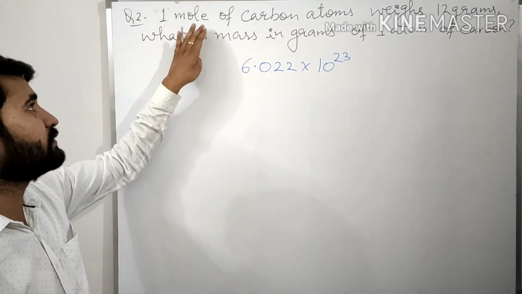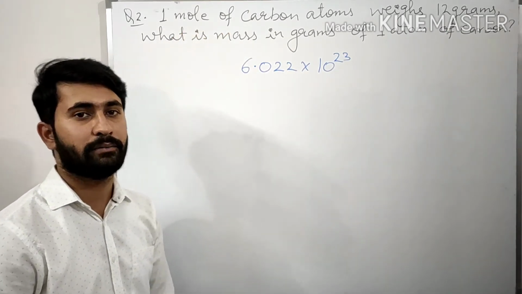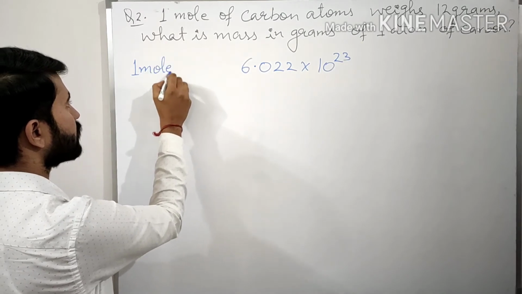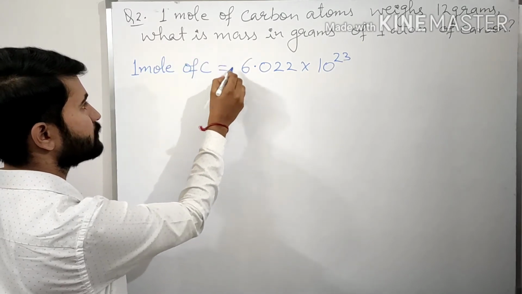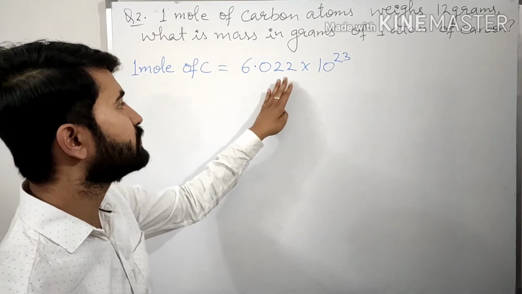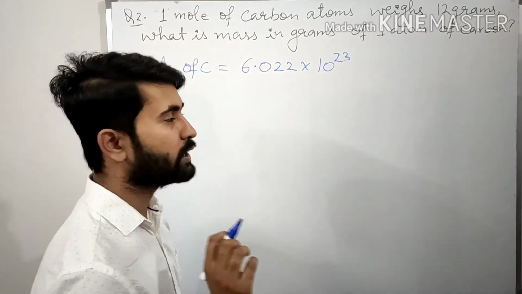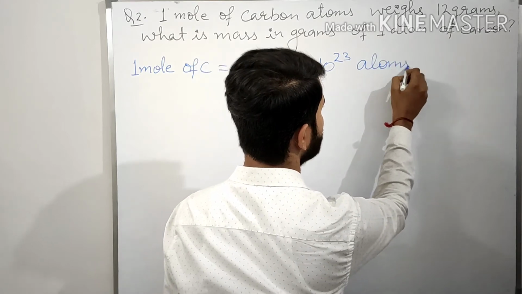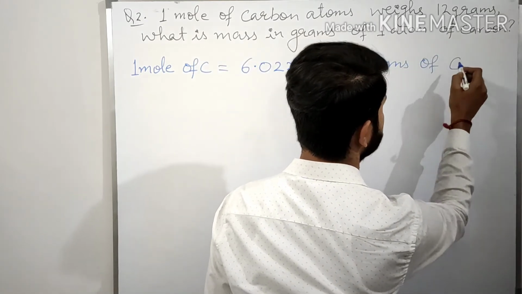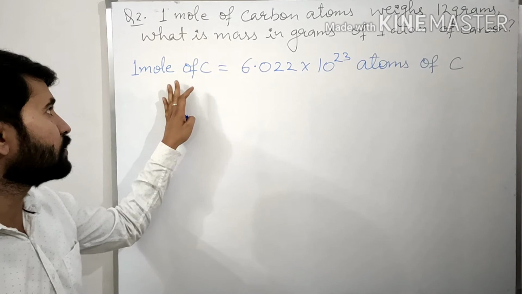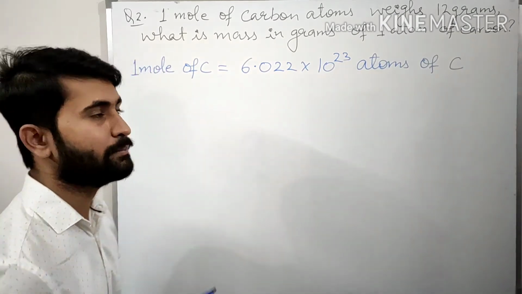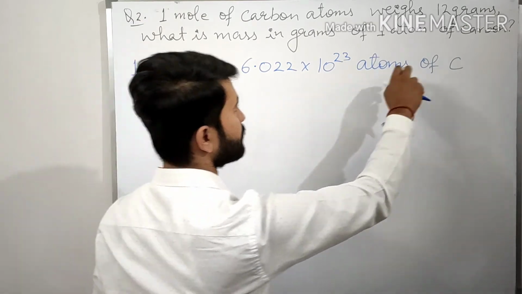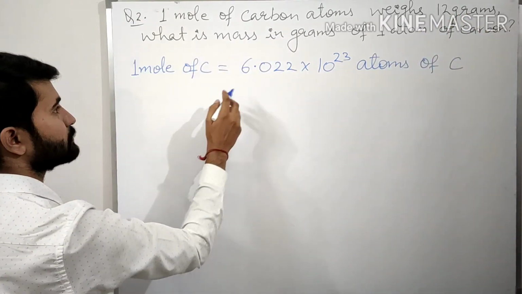So here it is given 1 mole of carbon atoms. So 1 mole of carbon atoms means 6.022 into 10 to the power 23 atoms of carbon. Now the mass of 1 mole of carbon atoms is also given. So the mass of 1 mole of carbon atoms is equal to 12 grams.